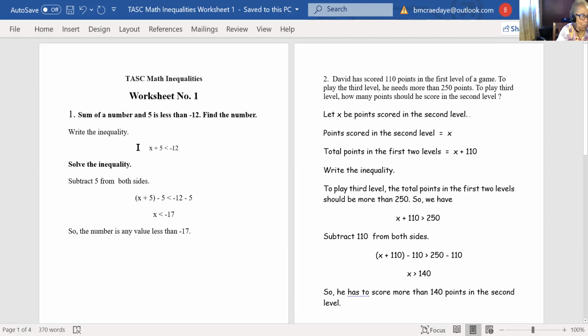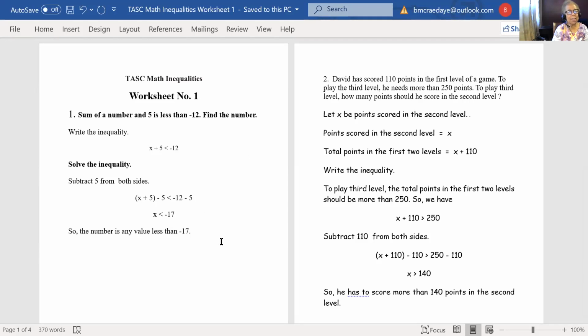First you write your inequality and then you solve it just like we did before. You subtract the 5 from both sides, you get x less than minus 17. So the answer is any value less than negative 17.